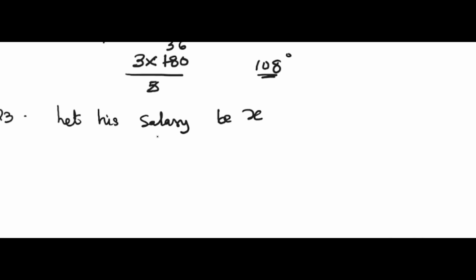Now, if his salary is X and he spent 1 over 5 of it, what is "of"? 1 over 5 of X. "Of" is multiplication, right? So that would mean 1 over 5 times X, which is X over 5.